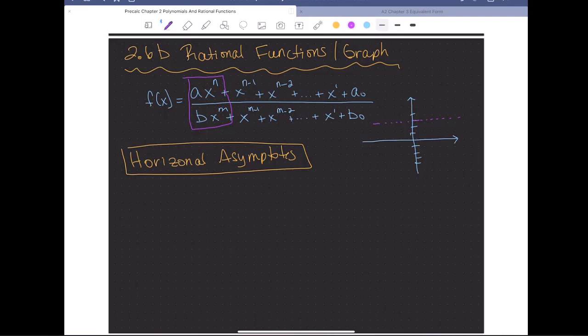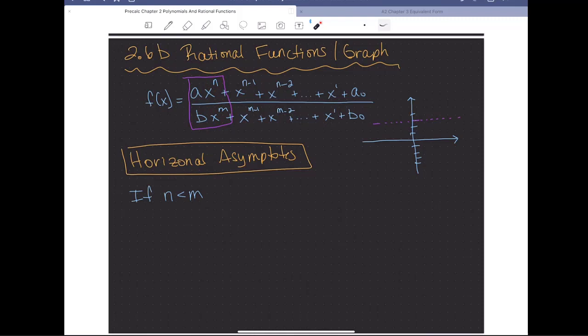The first one is if n is less than m. So n would be in the numerator, and m is in the denominator.